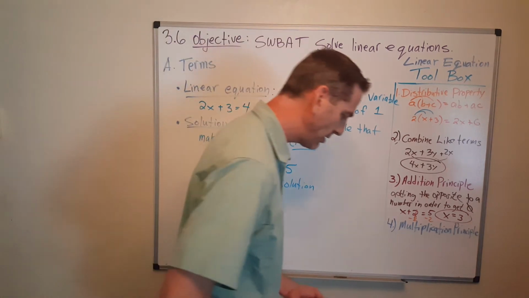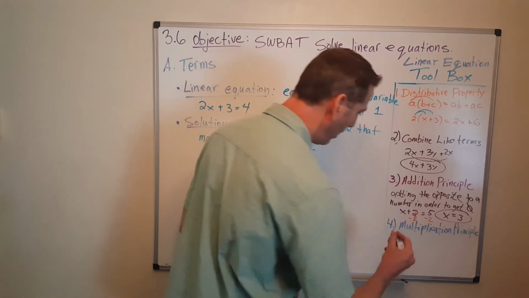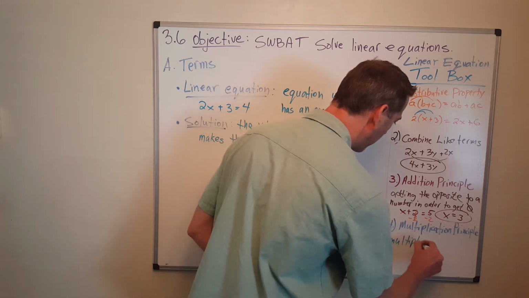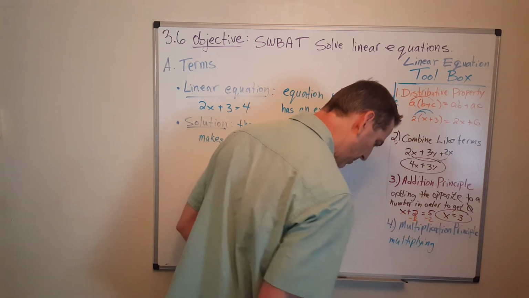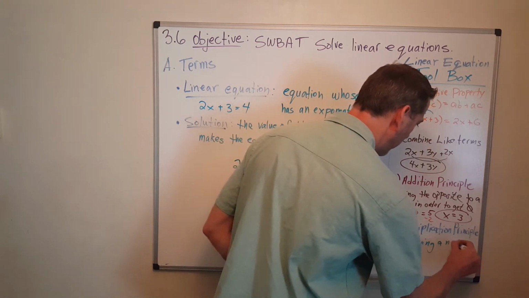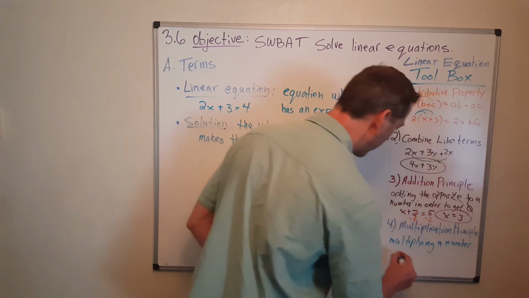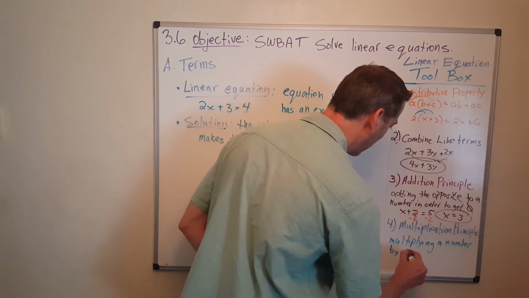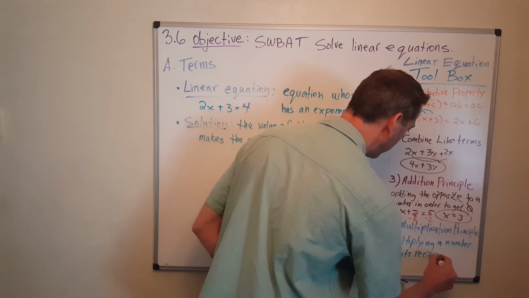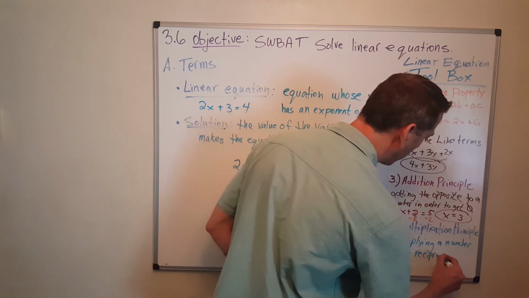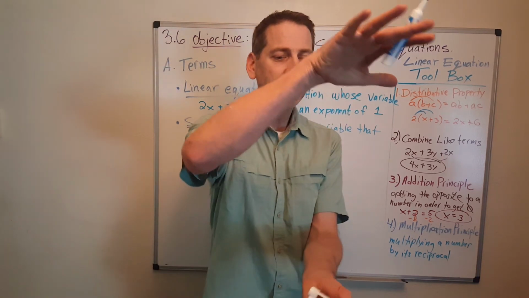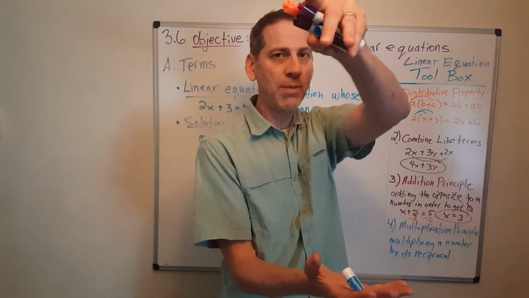The multiplication principle is simply multiplying a number by its reciprocal. Oh boy, there's another word we haven't talked about. Reciprocal just means changing the numerator and the denominator around.